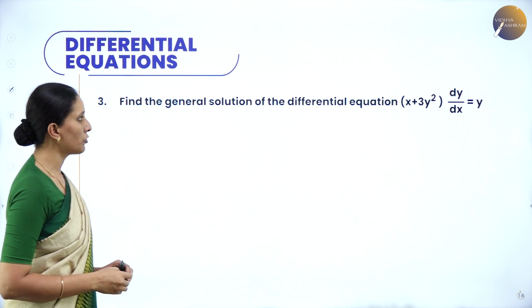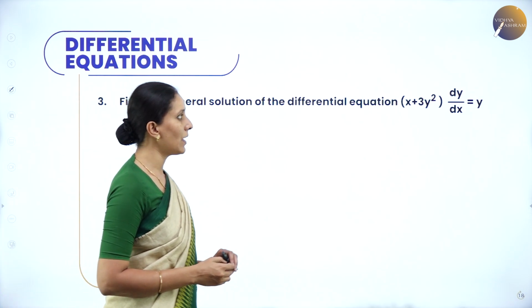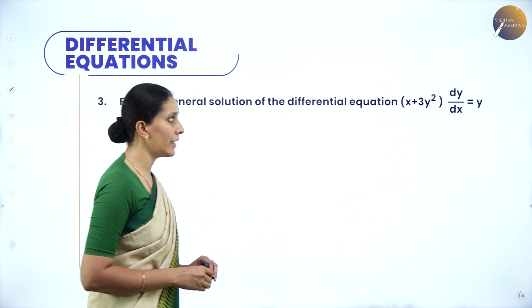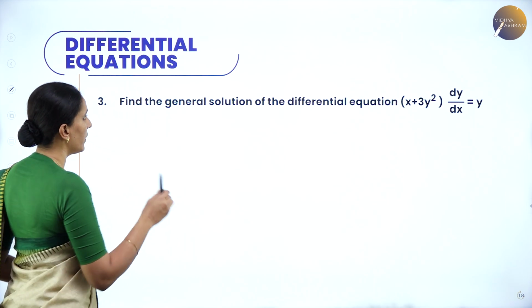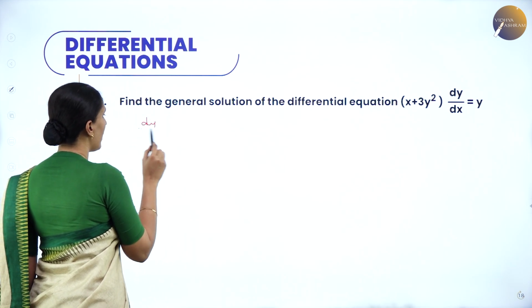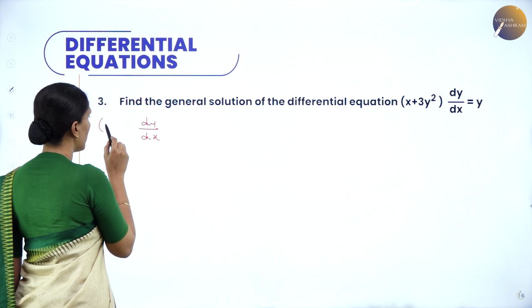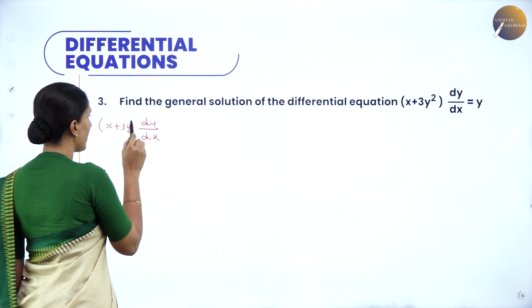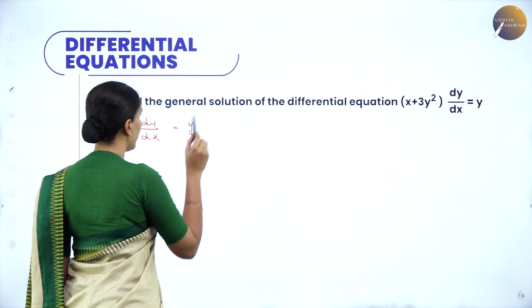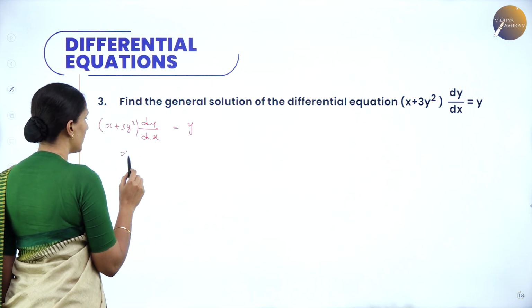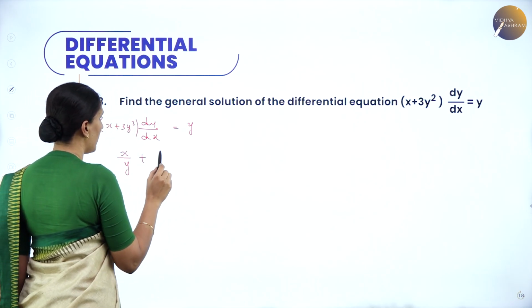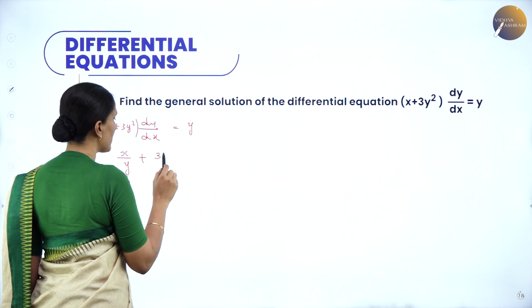Find the general solution of the differential equation x plus 3y square dy by dx is equal to y. So here we have dy by dx times x plus 3y square is equal to y. I'll shift y here, then I'll get x by y plus 3y square by y means 3y.